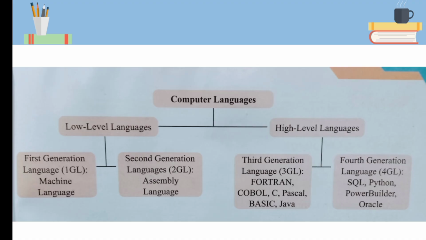Similarly, high level language is also divided into two categories: third generation languages like Fortran, COBOL, C, Pascal, Basic, Java, and fourth generation languages like SQL, Python, Power Builder, Oracle. We will learn individually about these languages.